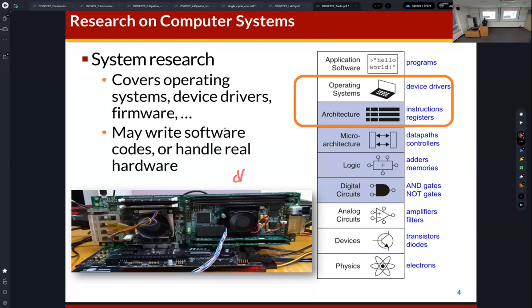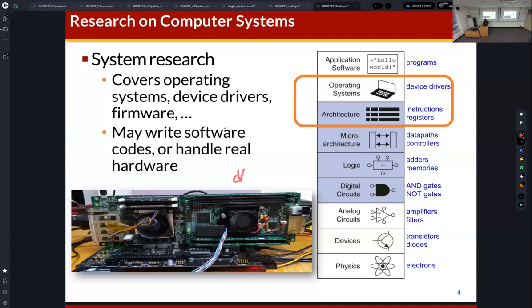But it's very difficult to modify the inside of this processor. Actually, it's not possible. We cannot modify the inside of processors because these are solid state chips, semiconductor devices.